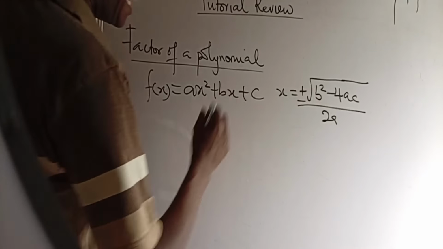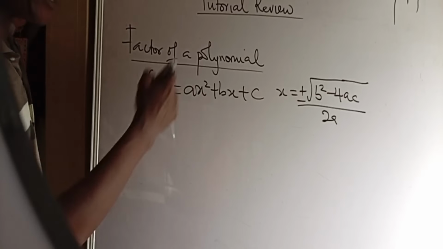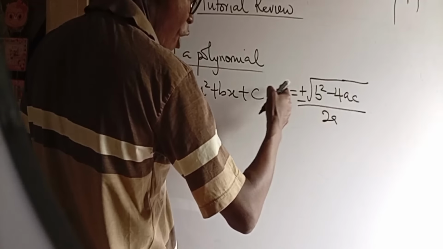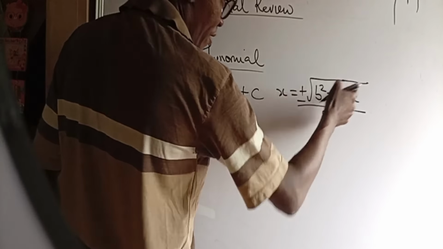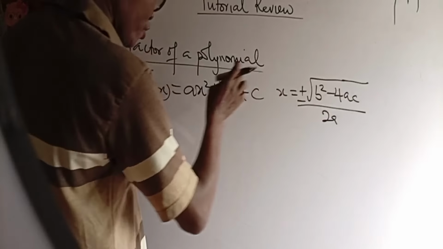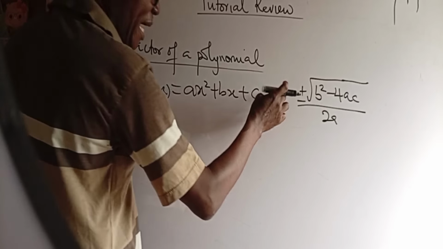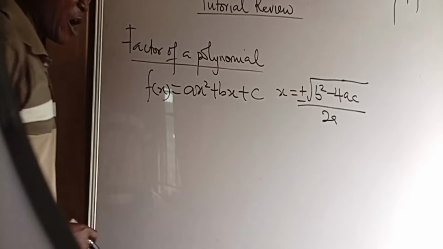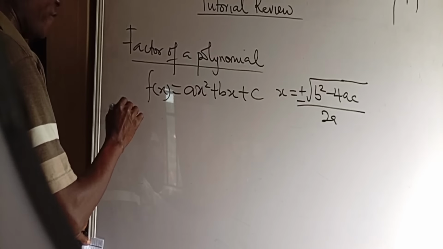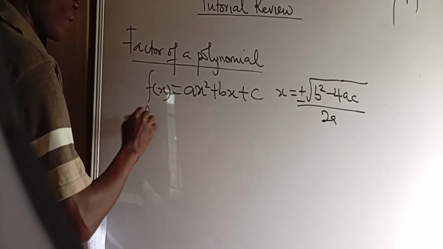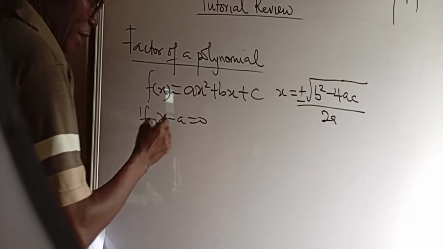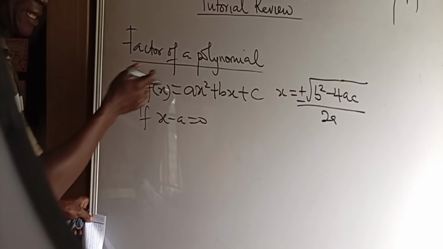Now, what is the factor of this polynomial? x is equal to plus this over this, or x is equal to minus all of this over this. If I put either value of x into this expression, I will get 0. Suppose x minus a is equal to 0, let's say this is our divisor.